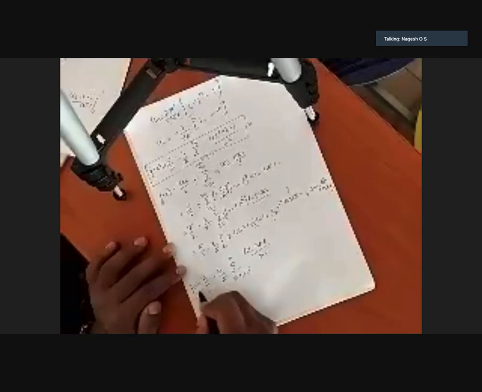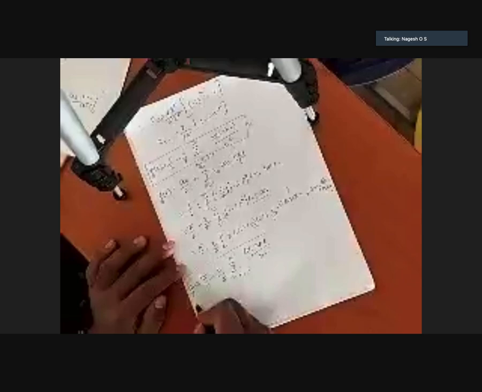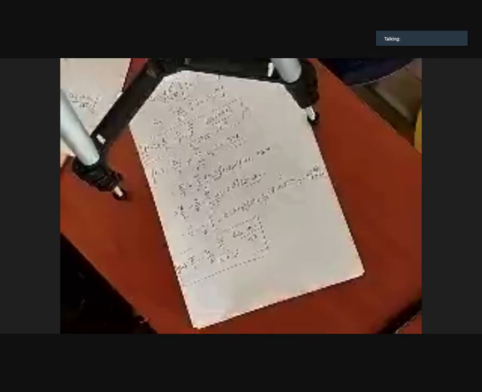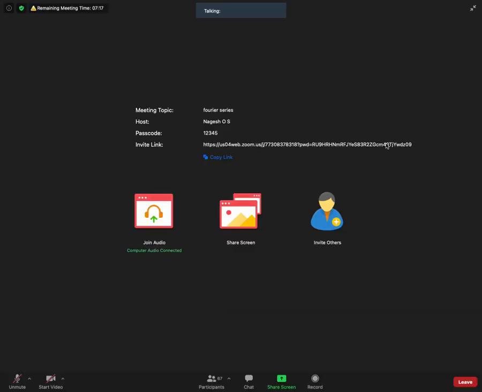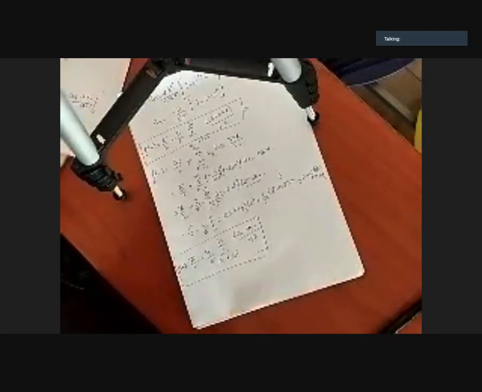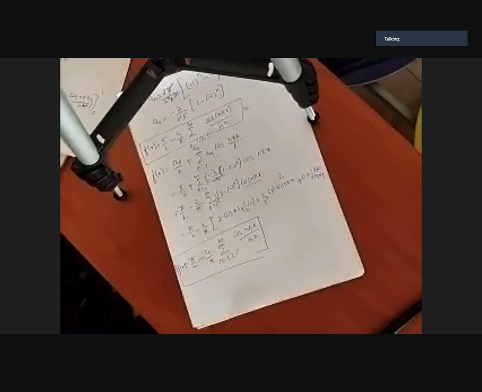Can we write like this? F of x equal to, again screen became no, it is not coming.